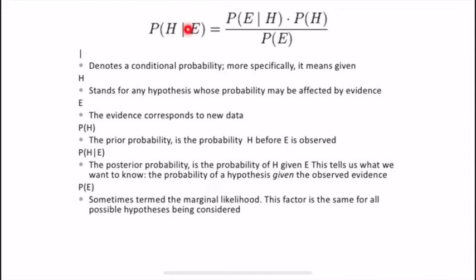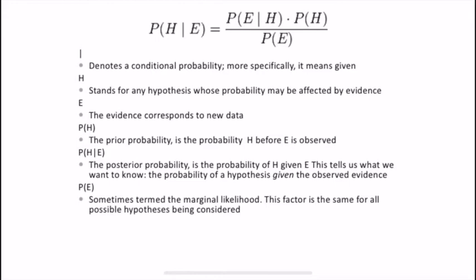This little bar here means given. How likely is H to be true if we are given that E is true? Okay, 2 events. And the second event, H, depends on the first event, E.